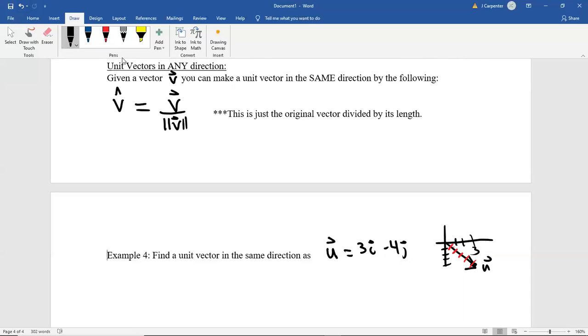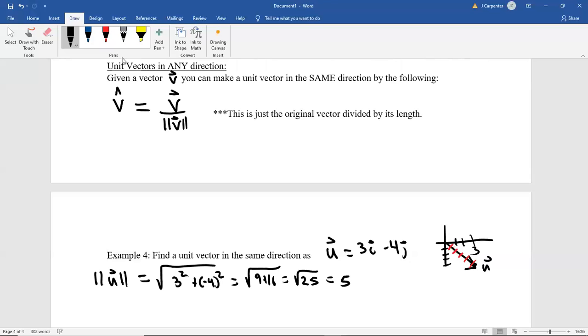All right, so the vector is 3i minus 4j. We need to know the length, and then we're just going to divide everything by that. So the length of u is just the square root of the sum of the squares of the components. 3 squared plus negative 4 squared. 3 squared is 9, 4 squared is 16, the negative won't even matter, so that's the square root of 9 plus 16, which is the square root of 25, which works out perfectly to be 5.